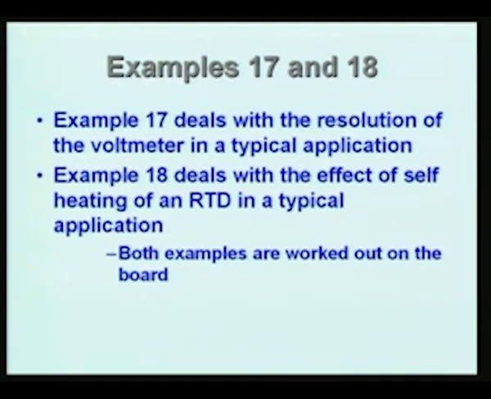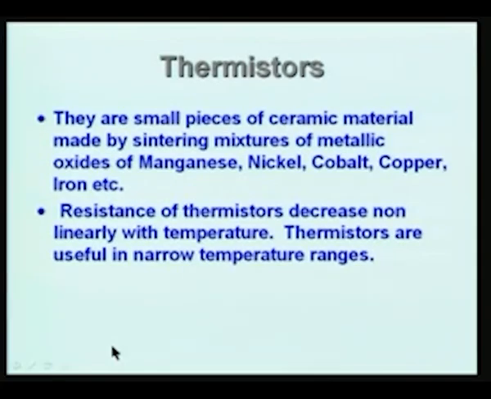on the other types of resistor thermometer, which we talked about earlier, and that is thermistors. These are small pieces of ceramic material made by sintering metallic oxides of manganese, nickel, cobalt, copper, iron, etc., and they are made in the form of very small elements.